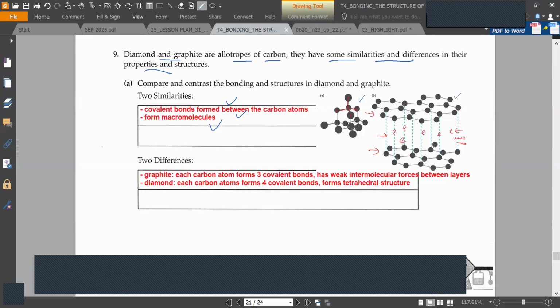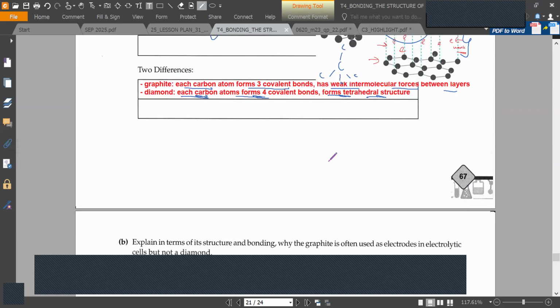For graphite, each carbon forms three covalent bonds, and there are weak intermolecular forces between the layers. For diamond, each carbon atom forms four covalent bonds, forming a tetrahedral structure. So that's the concept.